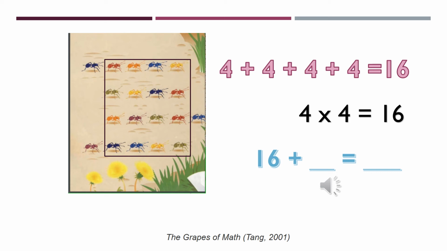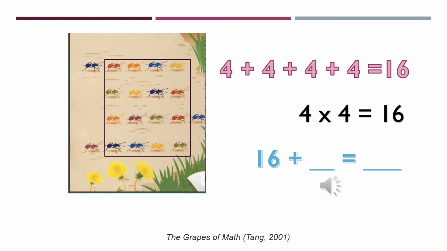Let's review. We said 4 plus 4 plus 4 plus 4 equals 16. That was our addition sentence for how many ants in the square. Then we turned it into a multiplication sentence. Remember, there were 4 rows, and each row there were 4 ants.